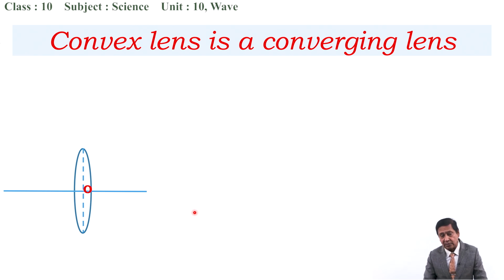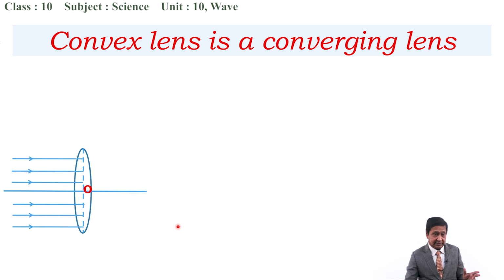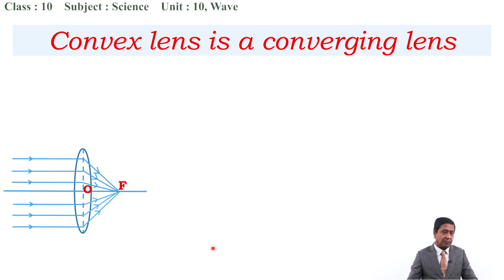The rays of light which are parallel to the principal axis, after refraction, concentrate at a point. They pass through a point, and this point is called the focus. And since all the rays of light converge at a point, it is a converging lens.